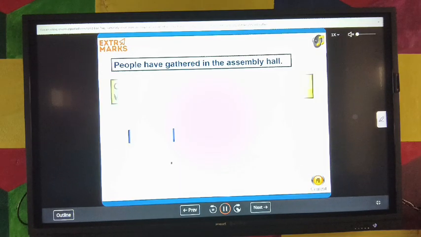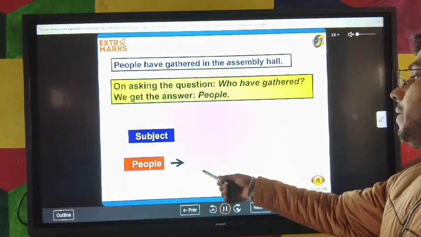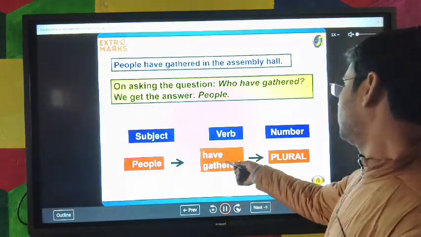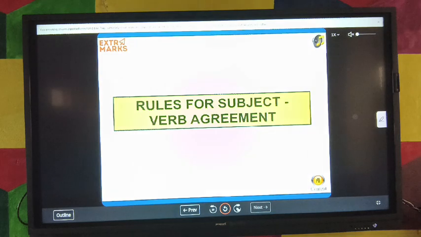So we have to ask the question, who have gathered? People have gathered. So here people is plural, so the verb will also be plural.